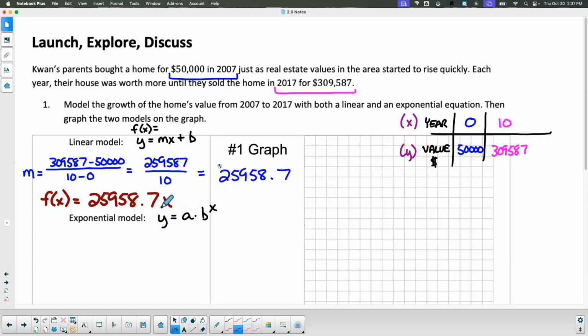Now I need my y-intercept. What is my y-intercept? Why is it 50,000? Because that's where x is 0. Yep, exactly. So this just also happens to be the y-intercept because it's where x is equal to 0. So that means here at the end of this, I need plus 50,000.